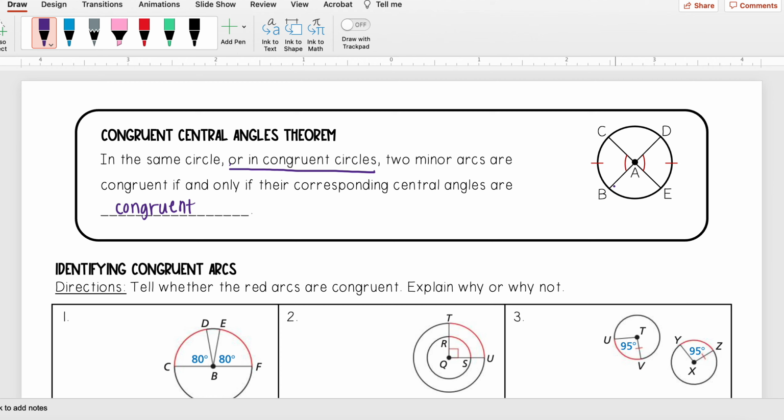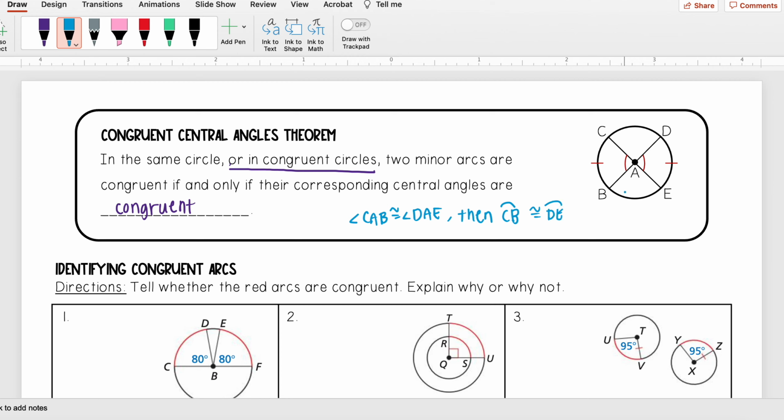Here I see that my central angles are congruent. So CAB is congruent to DAE. That would therefore mean that my arc CB is also congruent to my arc DE.